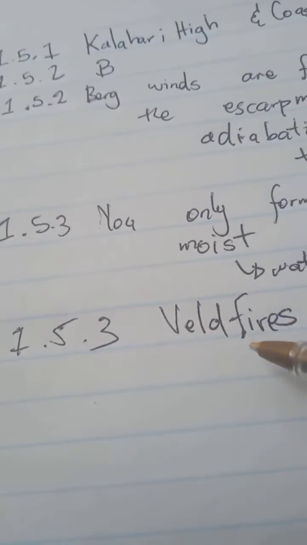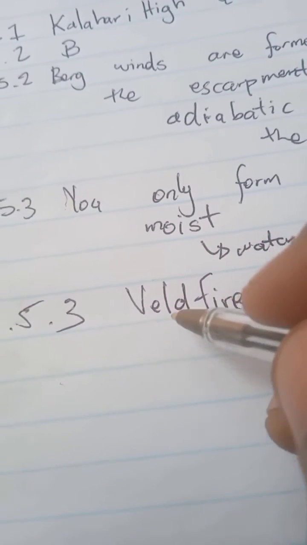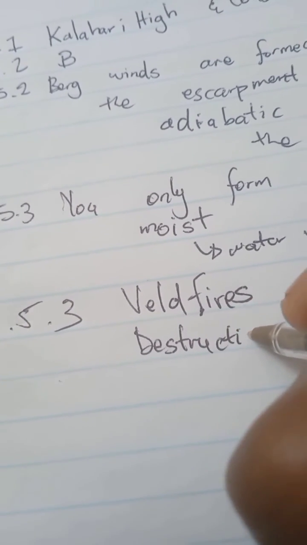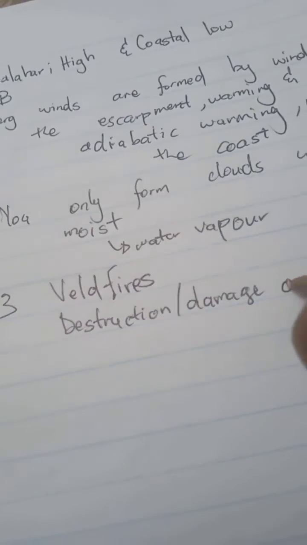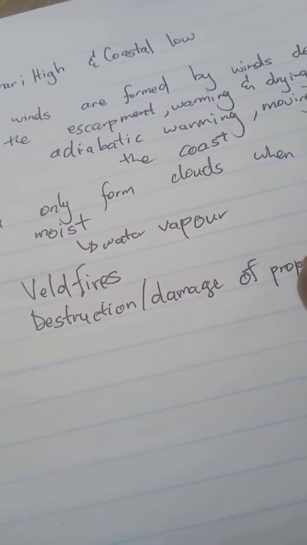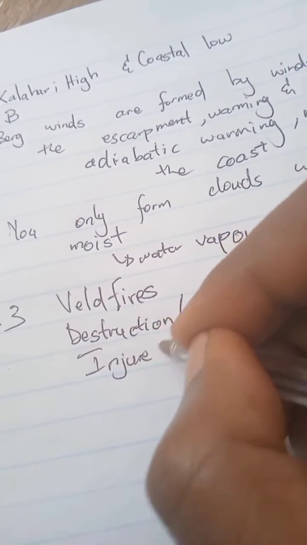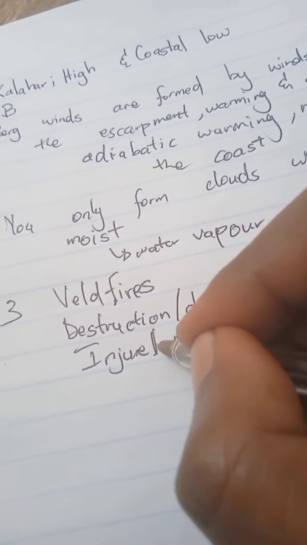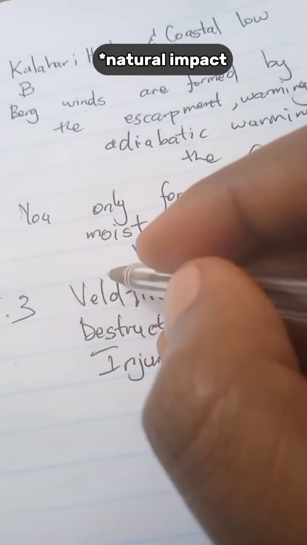They result in wildfires, and they result in destruction or damage of property, injure people. So what should we do? And also kill. And so what can be done?